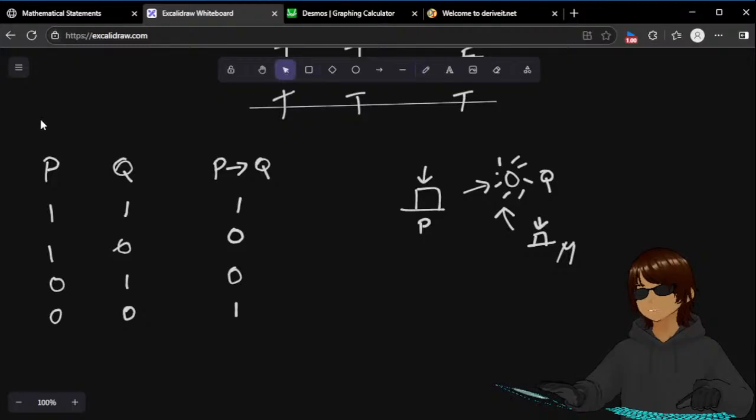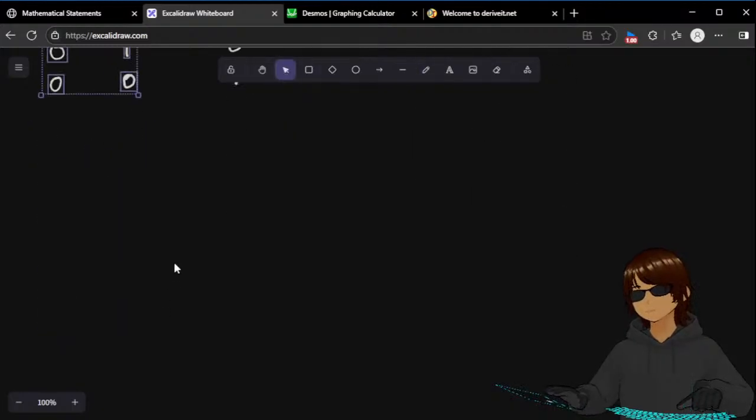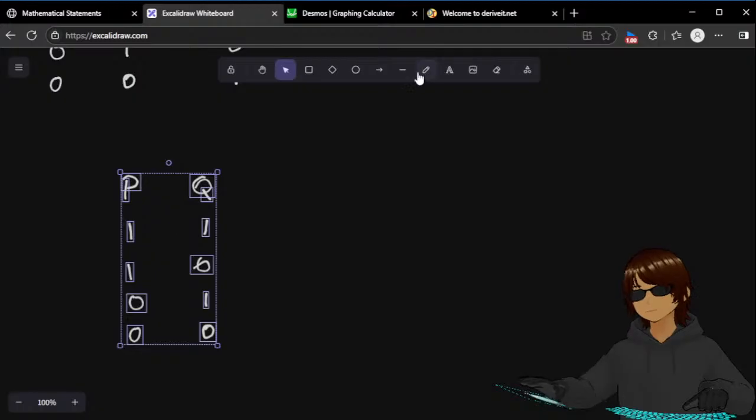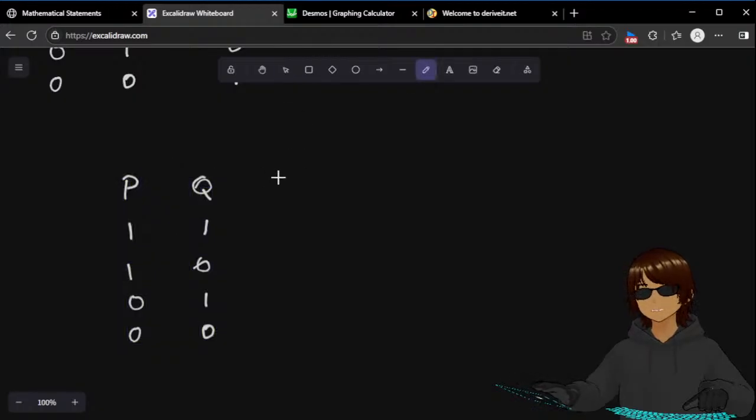Wait, let me copy paste this. So and is like this, or is like this. And then we have, I think XOR is like this. So or is either one of them is true. So one, one, one. XOR is like only one of them is true.